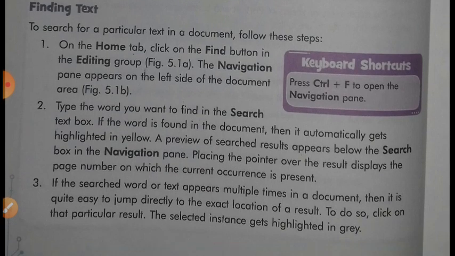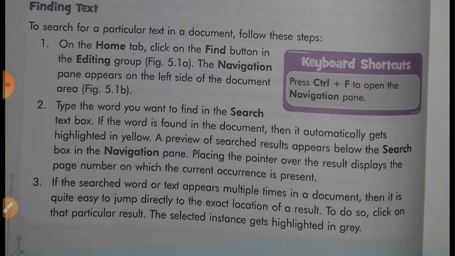If the searched word appears multiple times in a document, it is quite easy to jump directly to the exact location of a result. To do so, click on that particular result. The selected instance gets highlighted in gray.